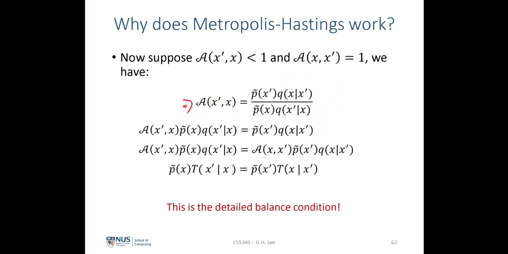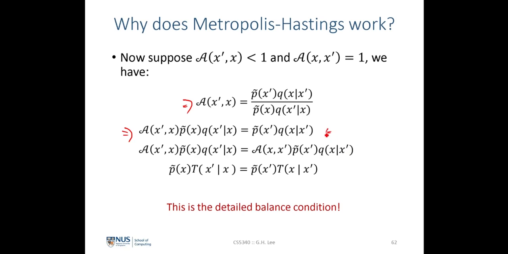Now we start from this definition, where we bring the denominator across to the other side, and we end up with this expression. We introduce a of x and x prime equals 1 into the relation.